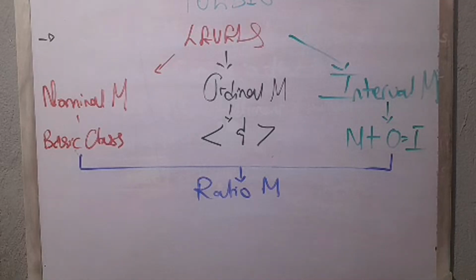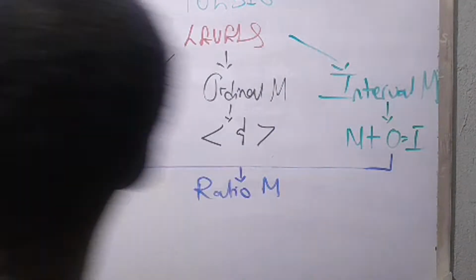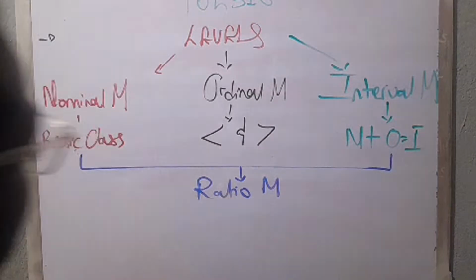Extent in inches, weight in pounds, and time in seconds are illustrations of ratio scales, or ratio measurements. So here it is a combination of all these three, and it goes further when you talk about the expression of extent in inches, weight in pounds, or time in seconds, which are all illustrations of ratio measurement.